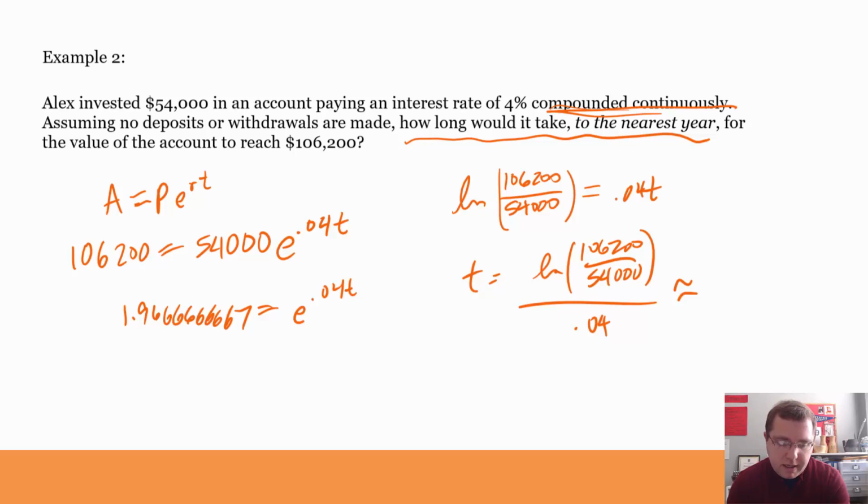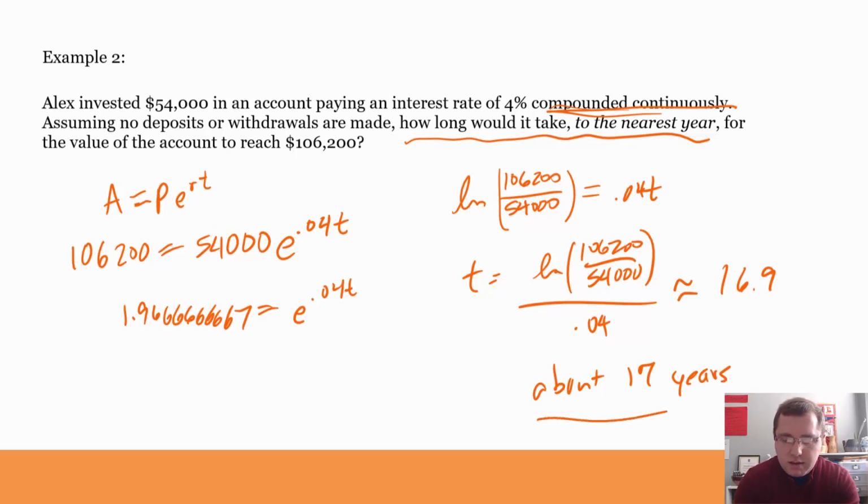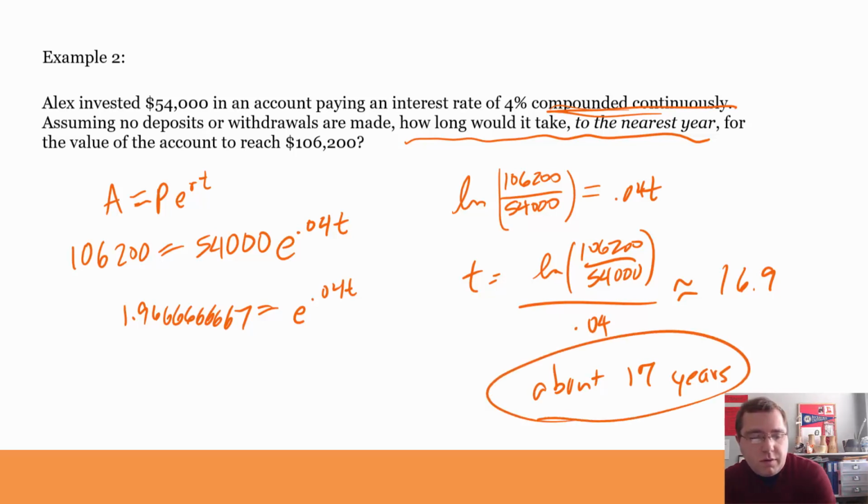There's an ln button on my calculator, and then I will divide by 0.04 after I do the ln. I get 16.9, and then it asks me how long does it take to the nearest year. I'm going to say about 17 years for that money to go from $54,000 to $106,200. And that's how we do compounding continuously.